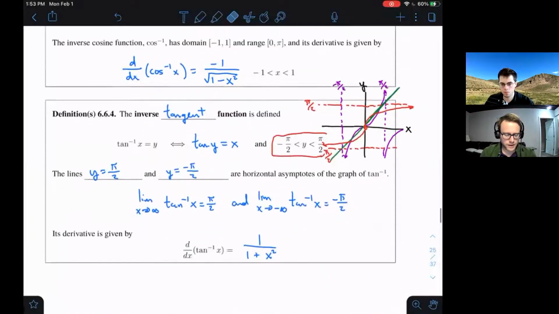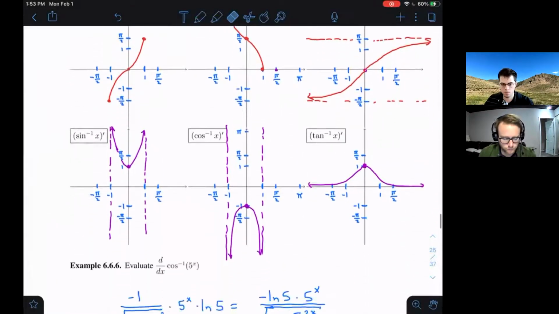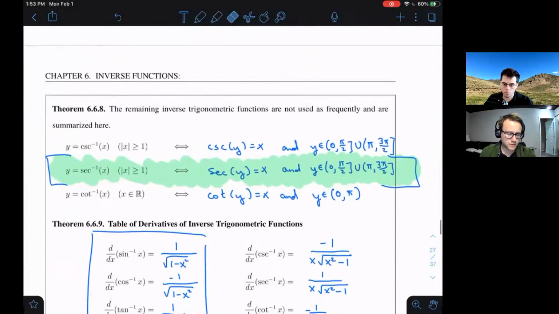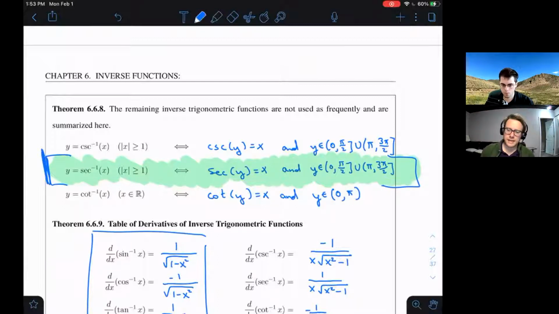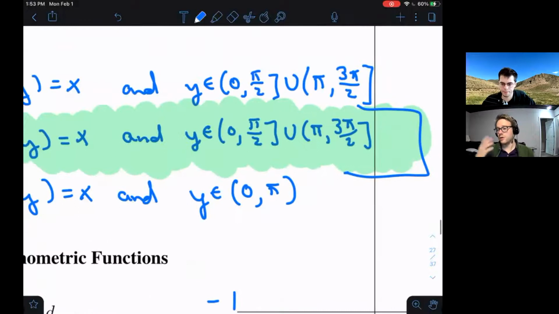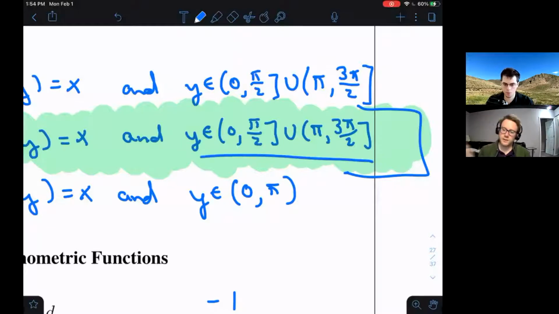One thing in particular that I know comes up every semester is our textbook's choice for the restriction domain for secant in order to create secant inverse. If you Google on many websites, things like Wolfram Alpha, or Wikipedia, they may choose a different restriction domain for secant, which of course becomes the range for secant inverse.